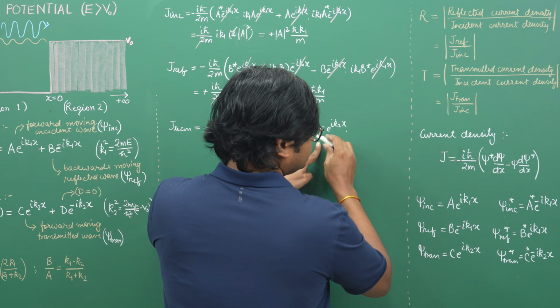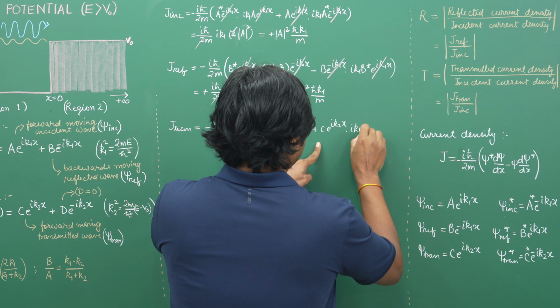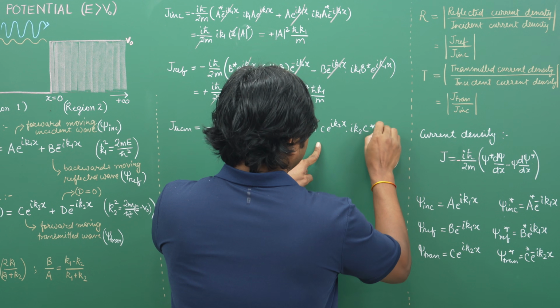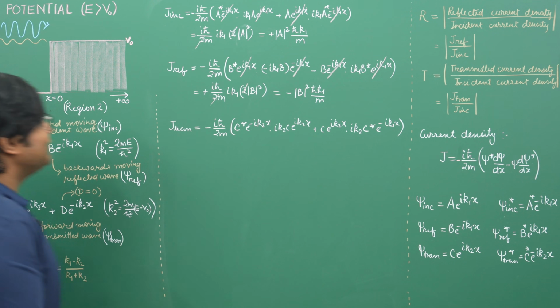So this is minus minus plus, and you end up getting iota k2 C star e to the power minus iota k2x. I hope you are able to decipher what I am writing.